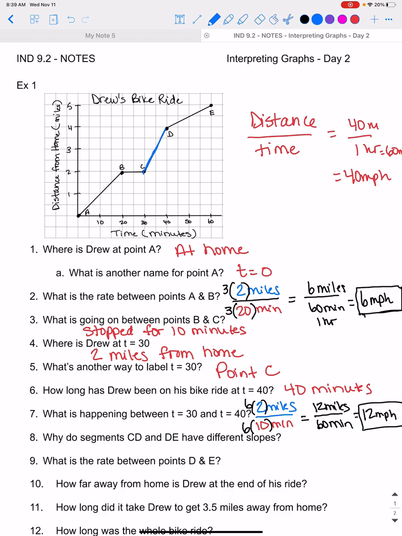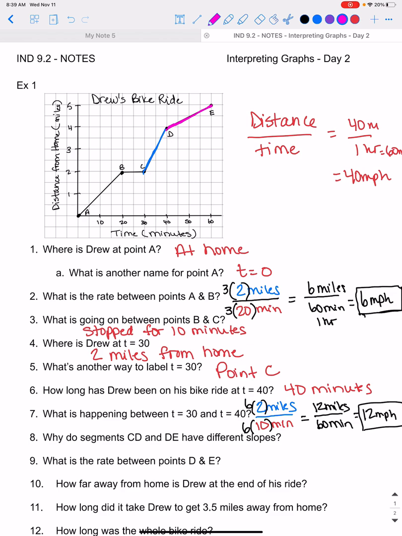And segment DE have different slopes. Well, here is segment DE. We talked about this yesterday. What does the slope mean, right? So you can see here that CD is a really steep slope and DE is not as steep of a slope. Well, what does that indicate, right? It means their speeds are different. So the segment CD and DE, why do they have different slopes?